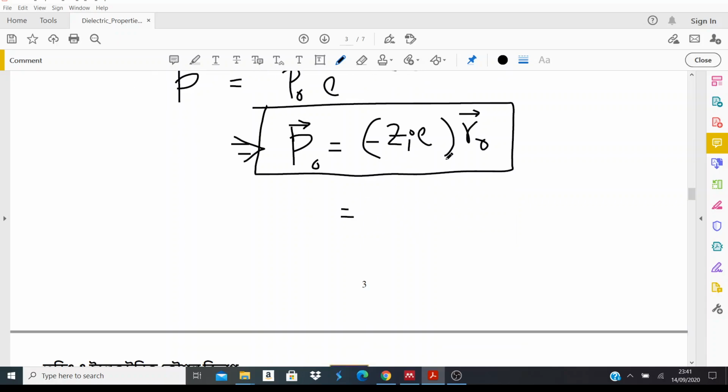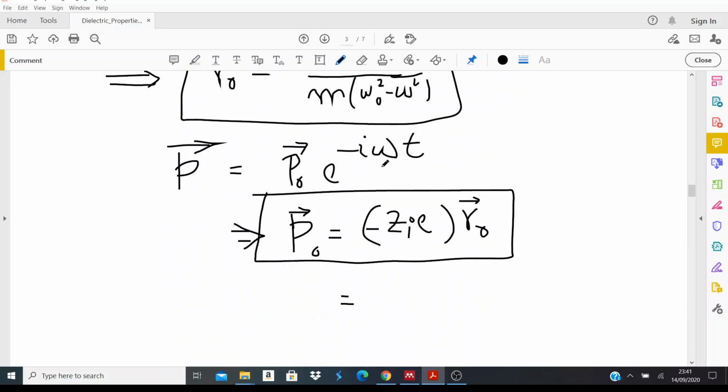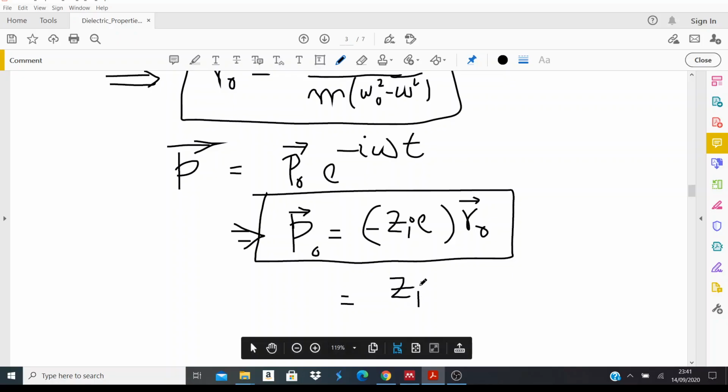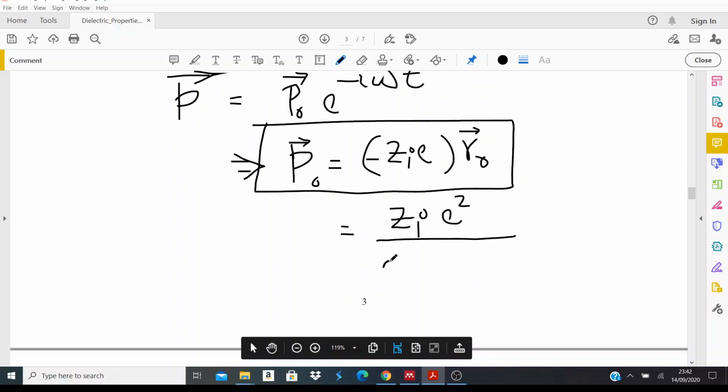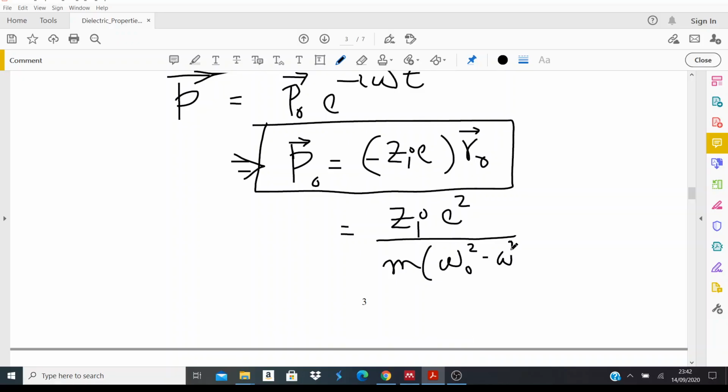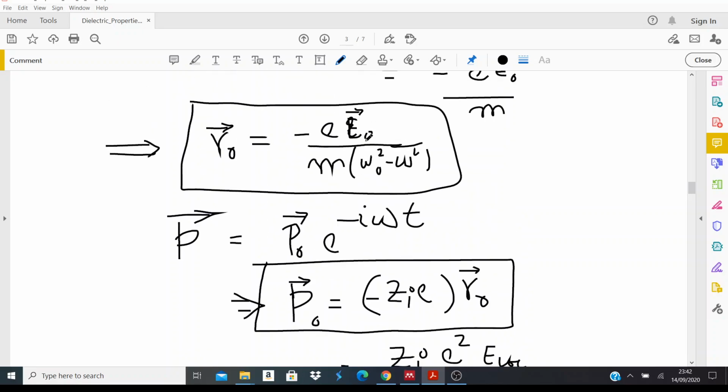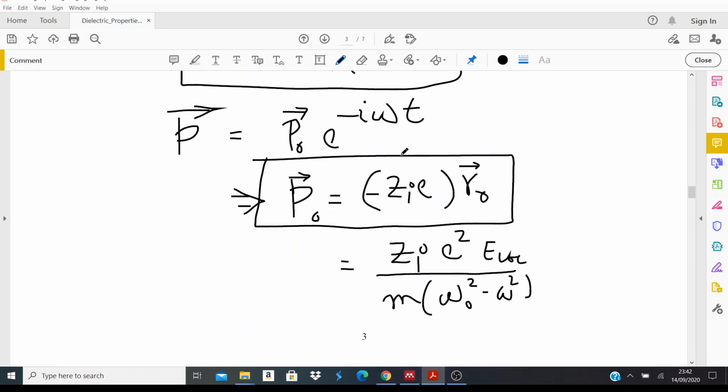Now from this equation you can put the value of R naught from here, right? And if you do that, you will see that the electric dipole moment P naught is nothing but Z e square divided by m times omega naught square minus omega square, right? So that's the expression, and then we have the local electric field from this equation.